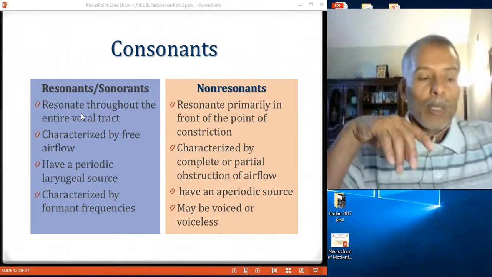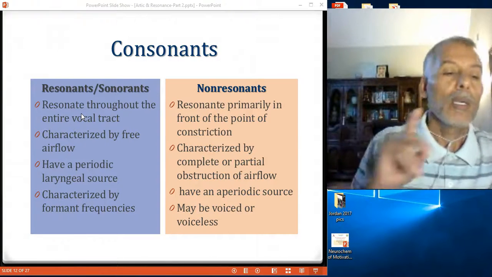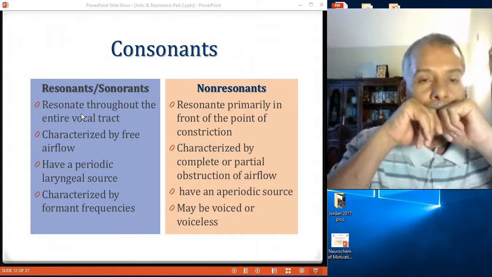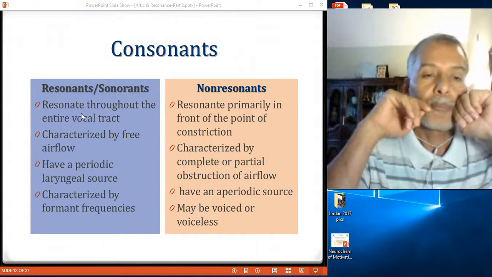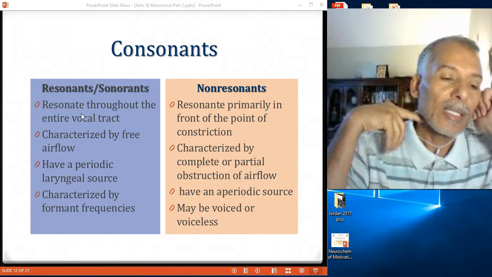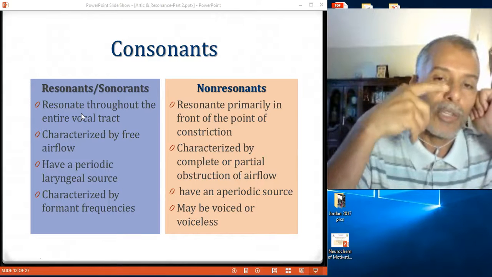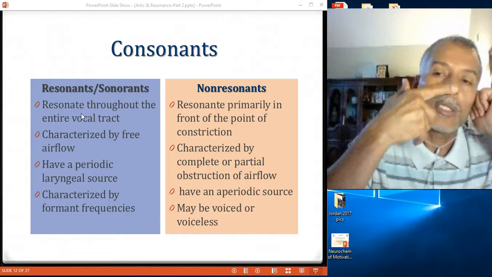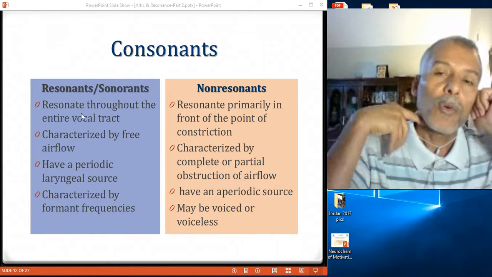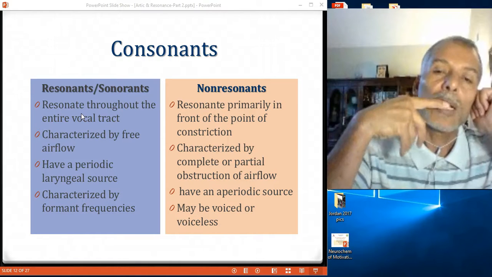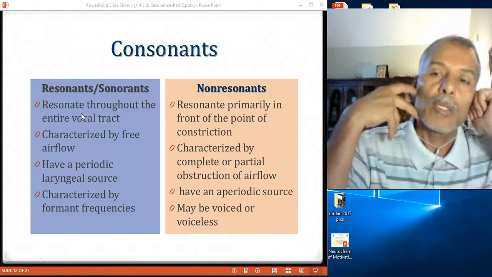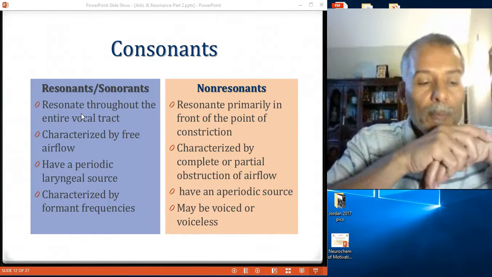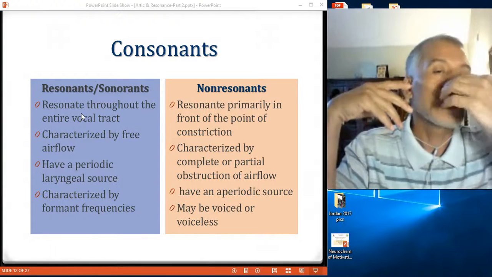Because there's no particular obstruction, they tend to resonate throughout the vocal tract, either from the vocal folds to the end of the nasal cavity, vocal folds to the end of the oral cavity, or both nasal and oral cavities. So they resonate the entire vocal tract.